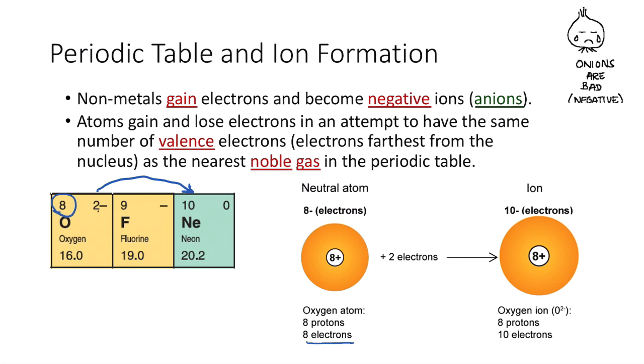So the overall charge for it then would be negative 2, because 10 electrons, which are negative, and 8 protons, which are positive. So negative 2 charge, also shown here.